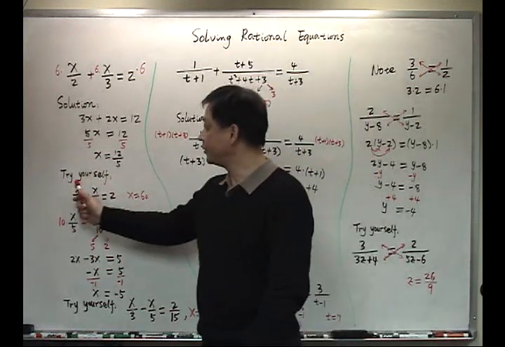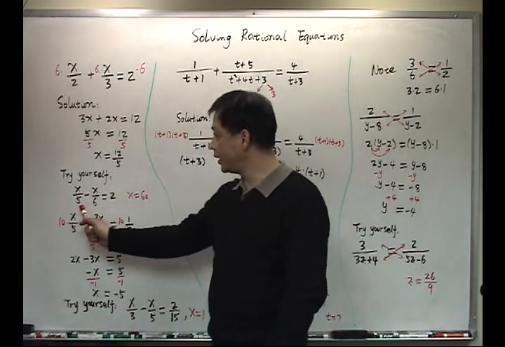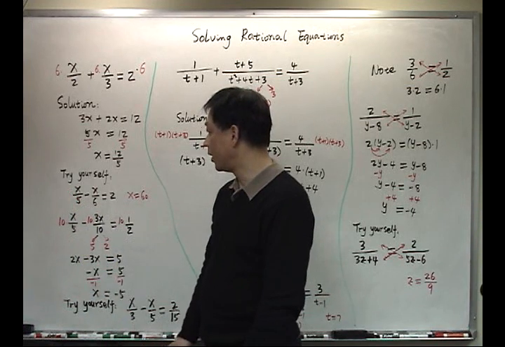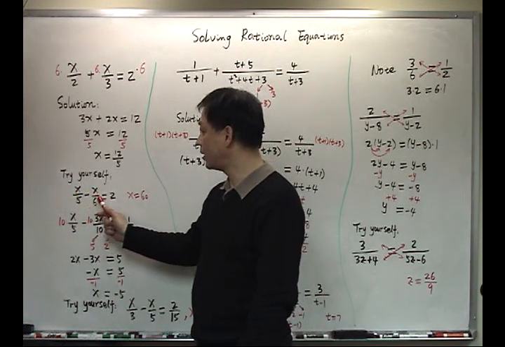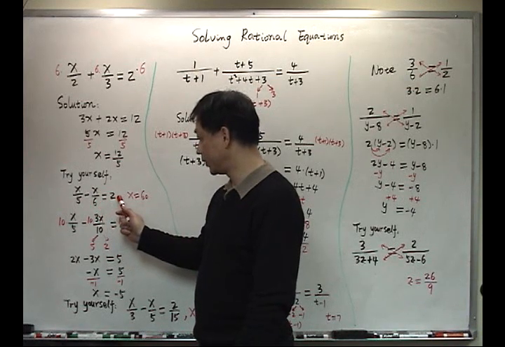Try this one yourself. What is the LCD? LCD in this case is 30. So 30 times x over 5, 30 times x over 6, 30 times 2.